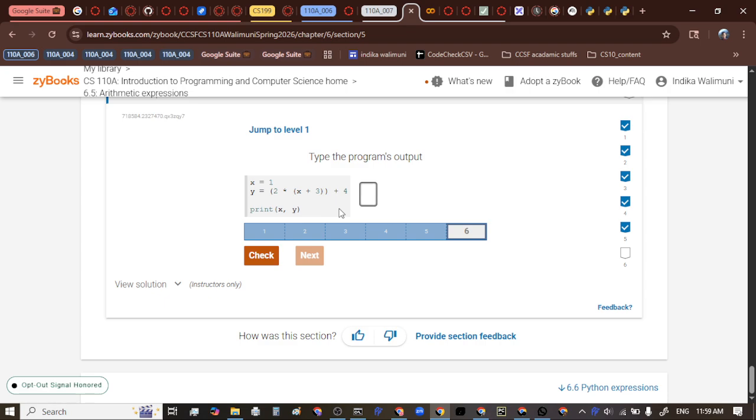The rule is left to right. We have 2 parentheses in 2 locations, so we go from this end. We are inside this one and then we do this one. So this one times 2, so 4 times 2, so this is going to be 8.